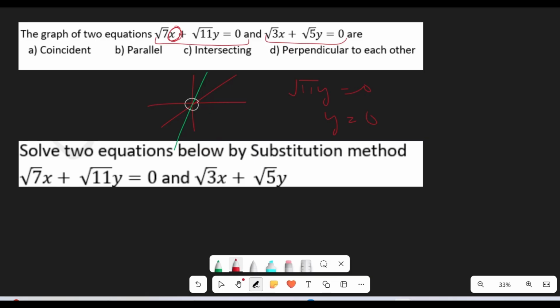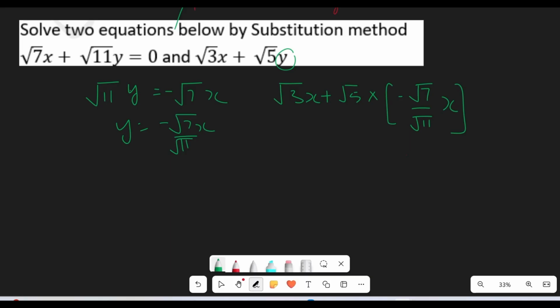Now how to do it with substitution? Here substitution looks scary, but it is not. So, let me take minus root 7x on the other side, and y is nothing but minus root 7 by root 11x. If I substitute this value here in this equation, what will happen?